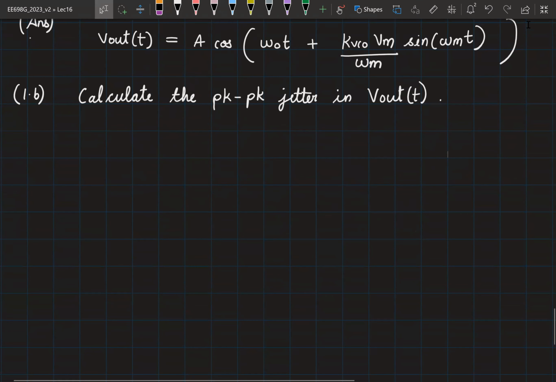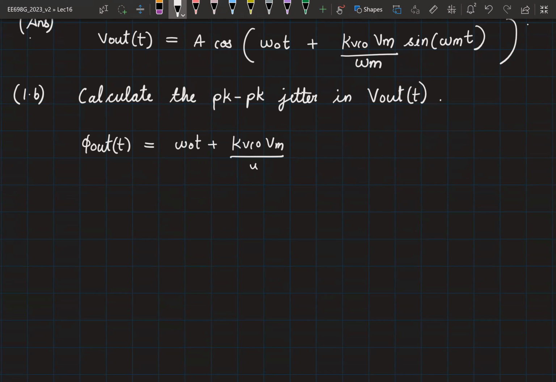Okay, so our signal is now A cos of some total phase. When do you have the zero crossings for this? So let me write the total phase. Phi out of t is now omega naught t plus KVCO Vm by omega m into sine omega m of t. So by default, what value should phi out of t take for us to have a zero crossing?